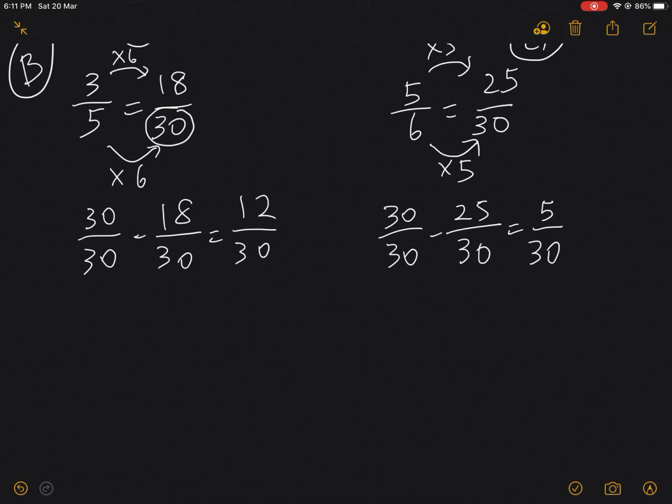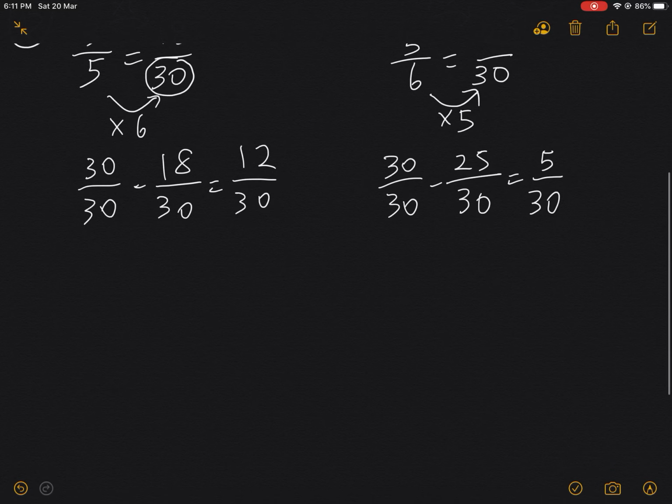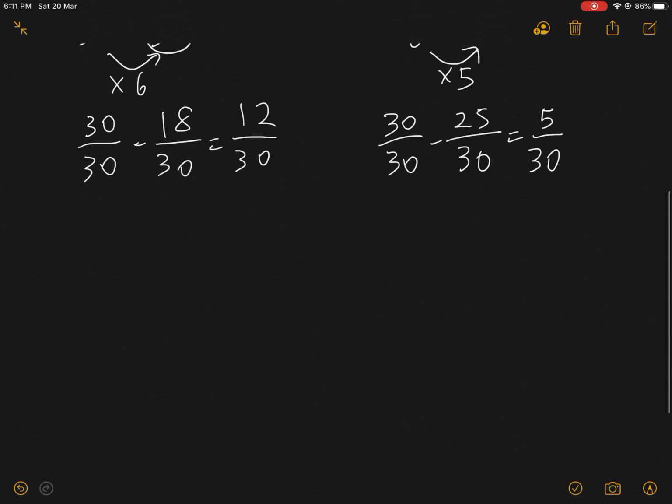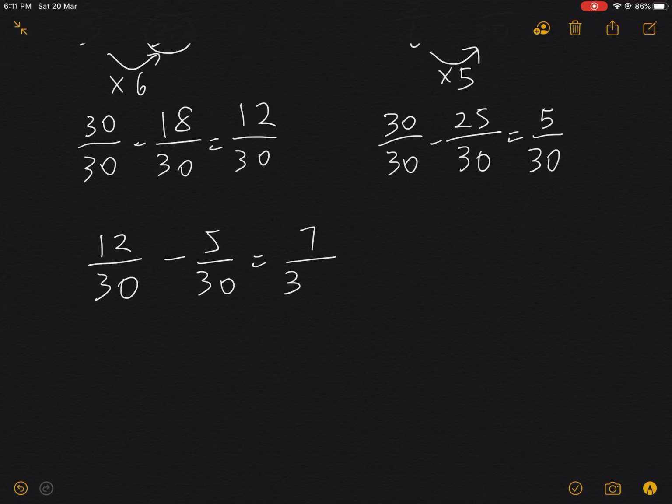Now that we have prepared the fraction of the boys who have left the hall and the fraction for the girls who have left the hall, let's work this out. 12 out of 30, this will be the fraction for the boys, and this will be the fraction of the girls. We're left with 7 units.